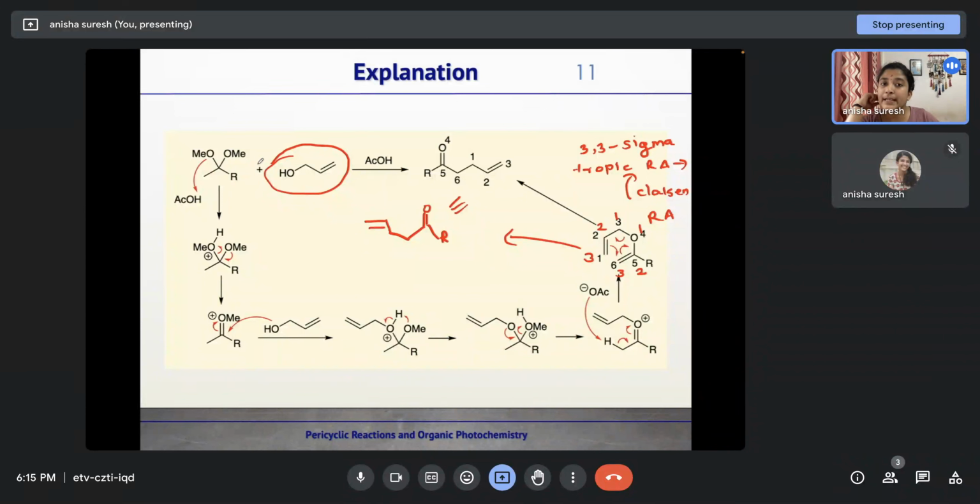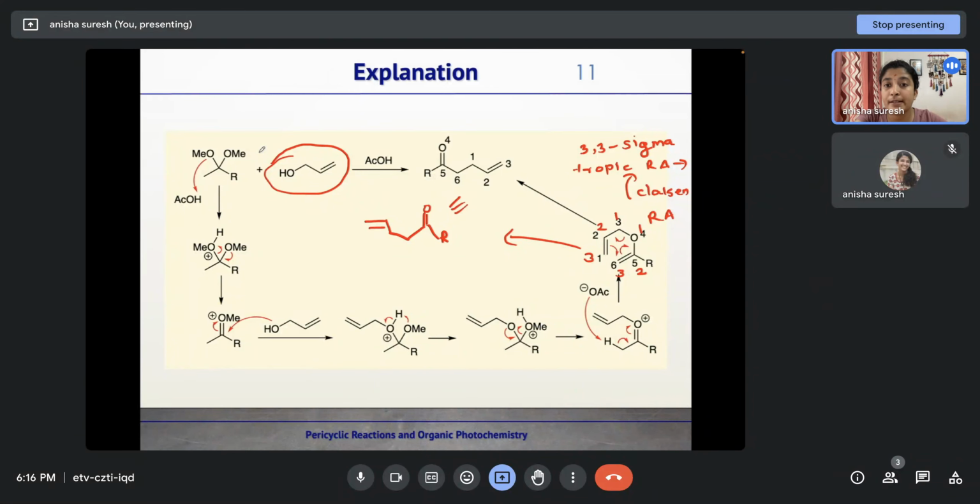And now we will be seeing another question, where it is Eschenmoser-Claisen rearrangement. Okay. So is the mechanism of this rearrangement clear? This question I think is a little bit easy.